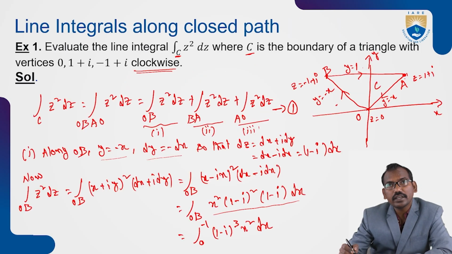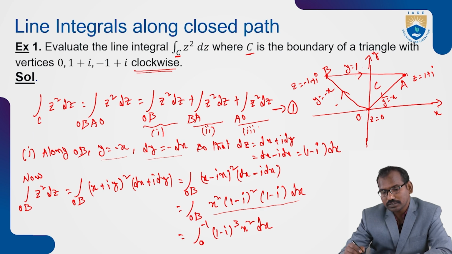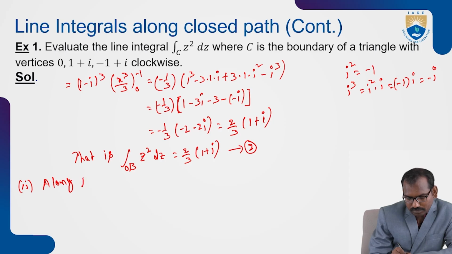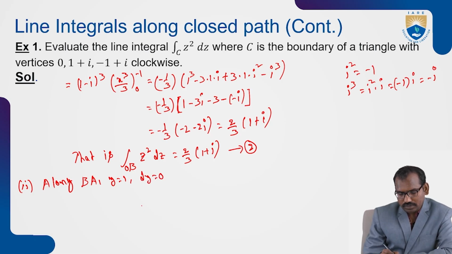Along BA. How can we represent this curve mathematically? This curve we can express mathematically by y equals 1. So along BA, we can write y value is 1, so dy value becomes 0. Here you can observe that y will be constant, dy is 0.